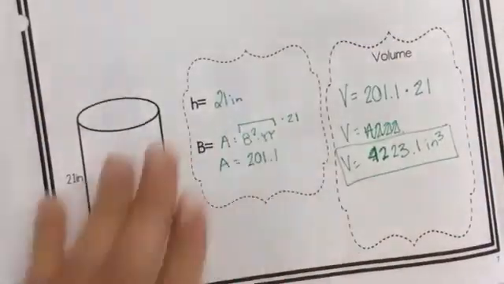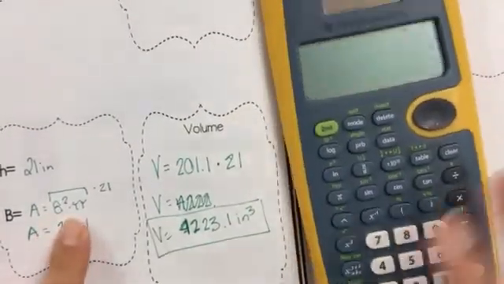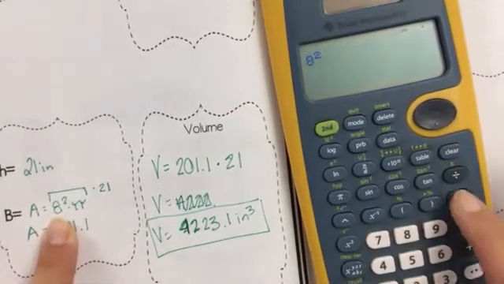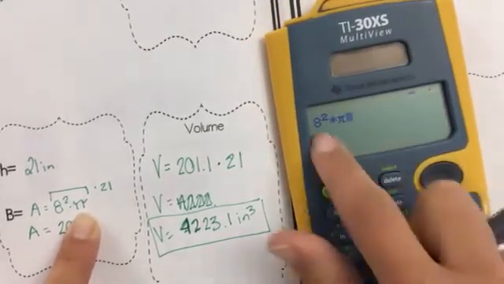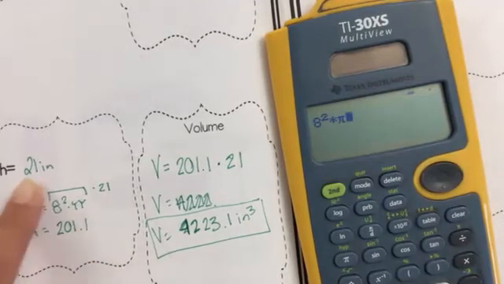So if I were advising you to do these problems, which I am, I would encourage you to put it all in as one. So, okay, here's the area of the base, 8 squared times pi, right? Okay, so that's the area of the base right now. I could push equals and I could get that area, but I might as well just keep going.